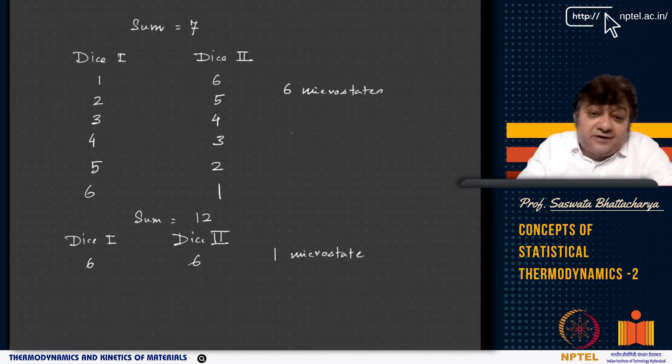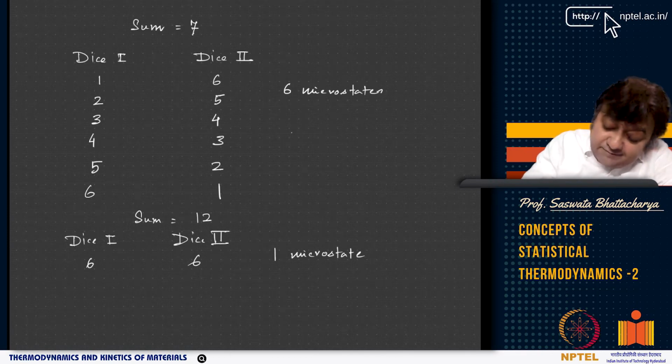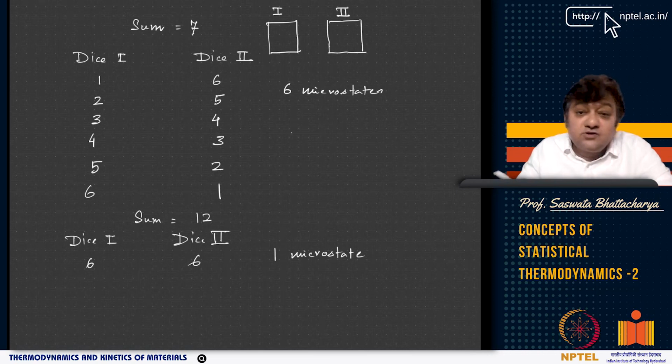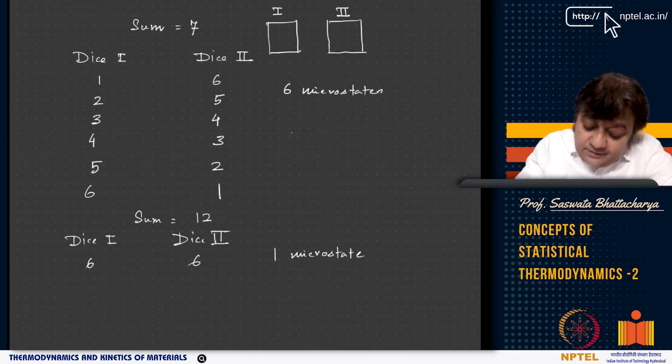If I say, for example, I want a sum of 7, that means the top face of one dice, dice 1, and say this is dice 2, should have a number n1, and here the number should be n2. n1 plus n2 has to be equal to 7.